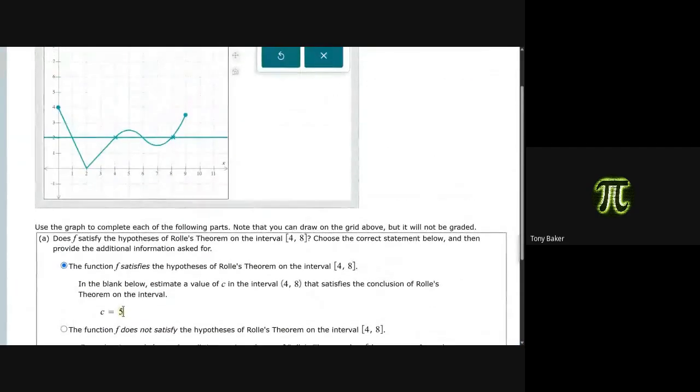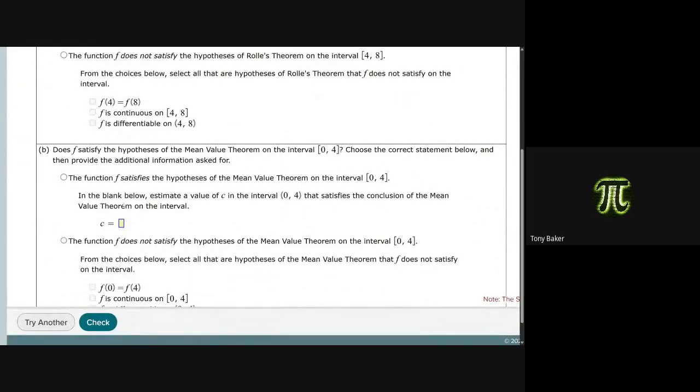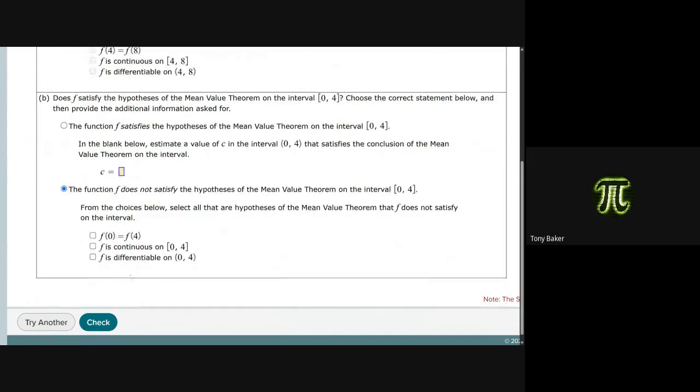Mean value theorem from 0 to 4. From 0 to 4. Continuous? Differentiable? No. Not differentiable at 2. So it is not, and it's because it is not differentiable. Now, this one's tricky because technically f of 0 does not equal f of 4.